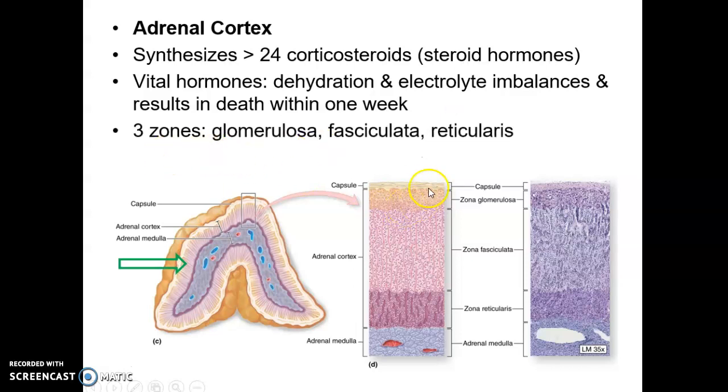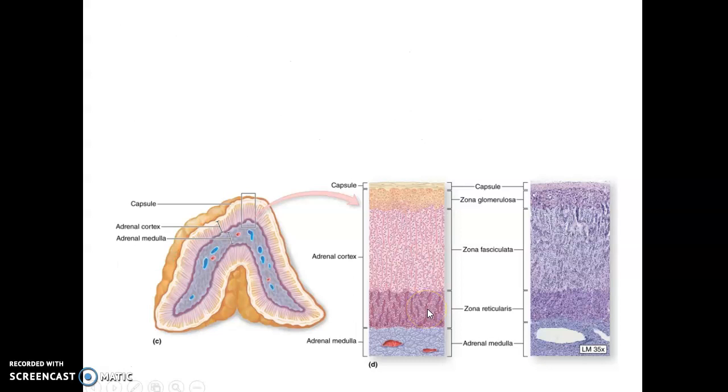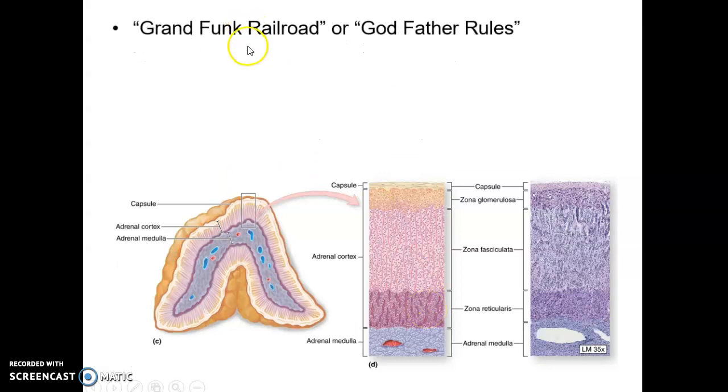So the three zones: zona glomerulosa, fasciculata, and then deepest is the reticularis, zona reticularis. One way to remember them, the G and the F and the R of the zona glomerulosa, fasciculata, and reticularis, in terms of from superficial to deep.